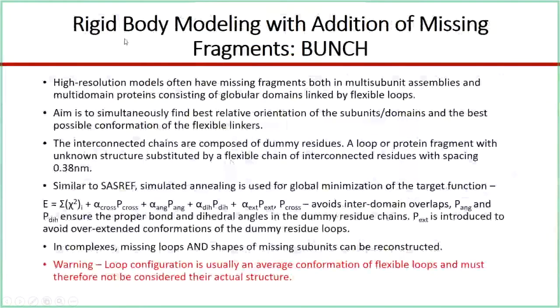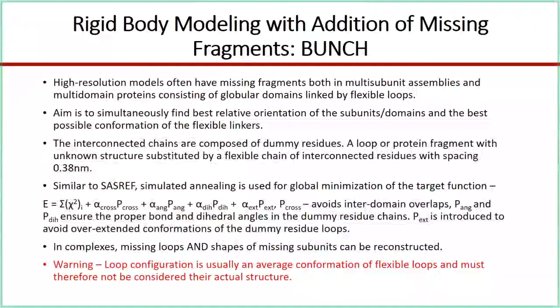So SASREF is for when all the parts of the complex are accounted for. There's another program called BUNCH, which takes into consideration a scenario where you have the high-resolution structure of several of the components, and there is missing information for either the linkers between the domains, the N and C termini, or for whole domains.